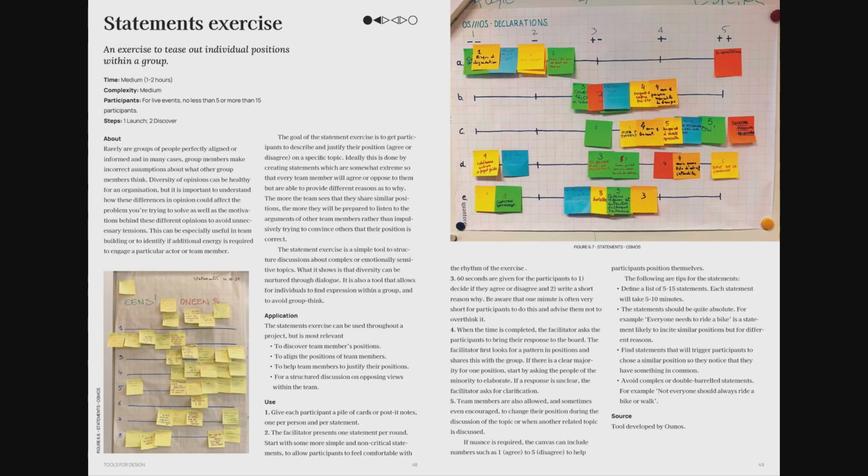Once it's granted, you don't really know anymore what was written in there, so everybody starts creating their own ideas about this. So the statement exercise allows you to start looking at the elephants in the room. What is everybody actually expecting from this project?